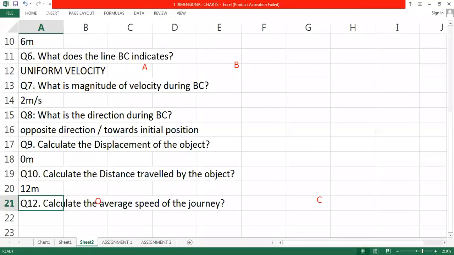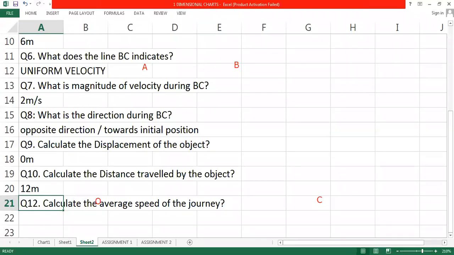Then calculate the average speed of the journey. Quickly find out the average speed of the journey. Please check your answer. Remember the formula for average speed.